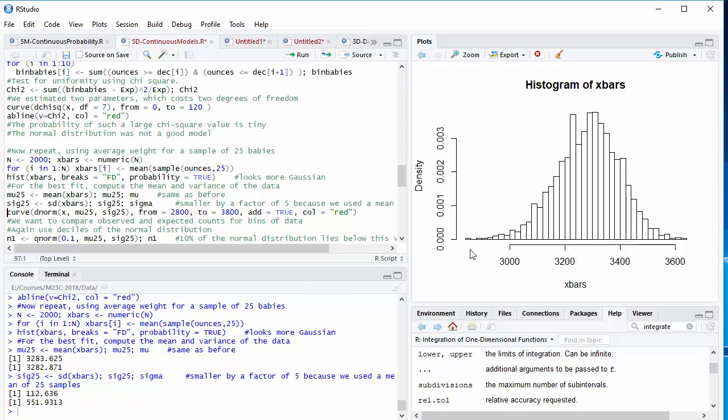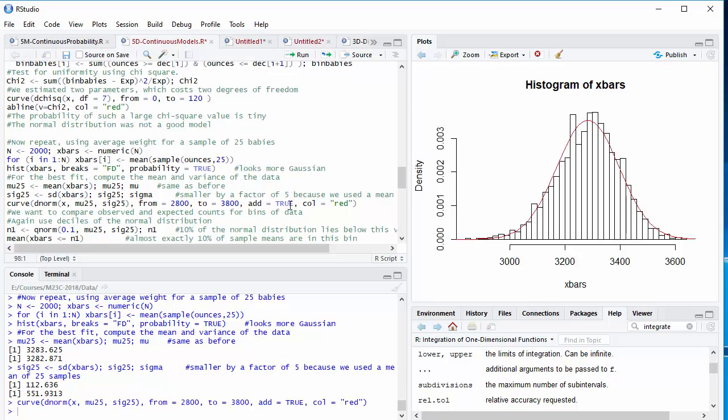That was predictable on theoretical grounds. If I plot a graph of the density function for the normal distribution over a reasonable range of baby weights, that matches the histogram much, much better.